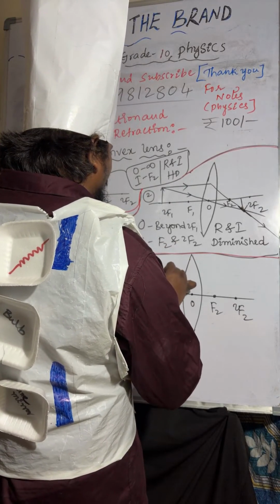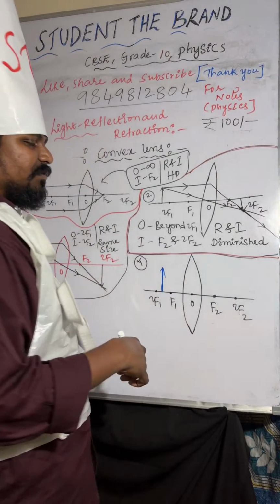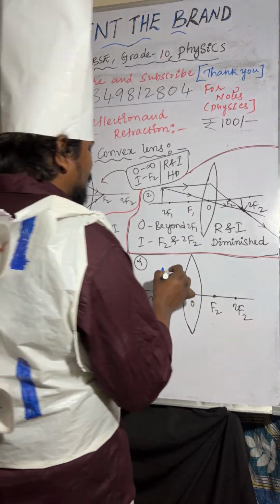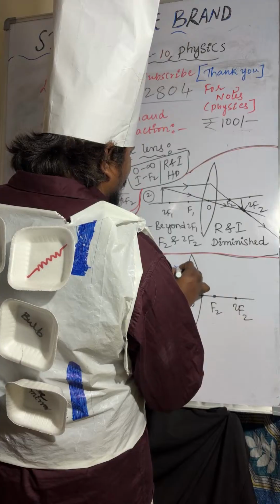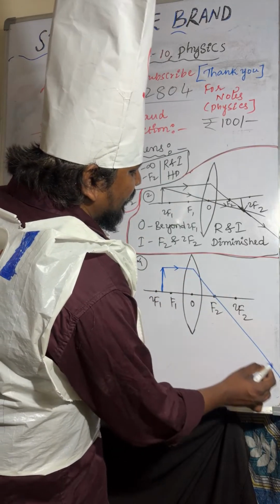Object is placed between 2F1 and F1. How many light rays are required to form the image of the object? Minimum 2 light rays are required to form the image of the object.